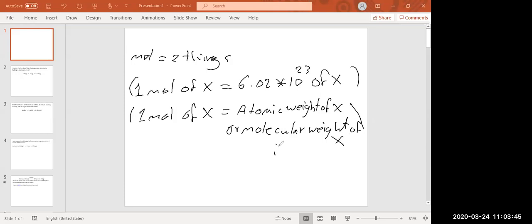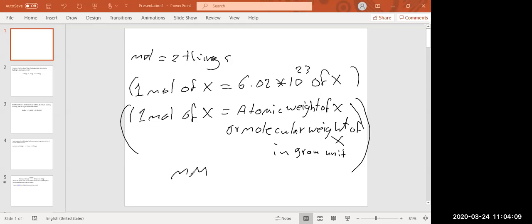But don't forget this is in gram unit. And this represents the molar mass. Also don't forget that we will use these as a conversion factor, and we can write it down as numerator and denominator when we do our calculation.